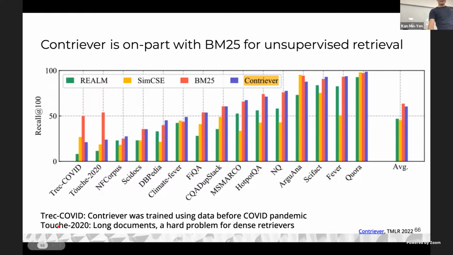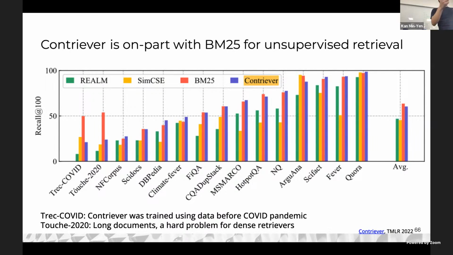The second data set is called Touché 2020. This data set contains long documents, meaning that these documents may be around 2,000 tokens. Usually, because we are using transformer encoders to do document encoding, they have a limited max length, maybe 512 or 1024.